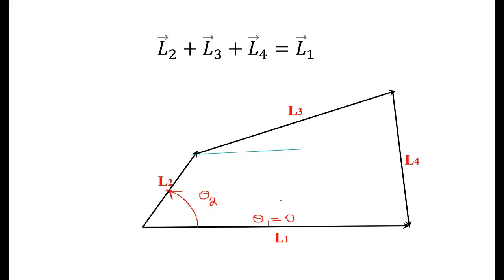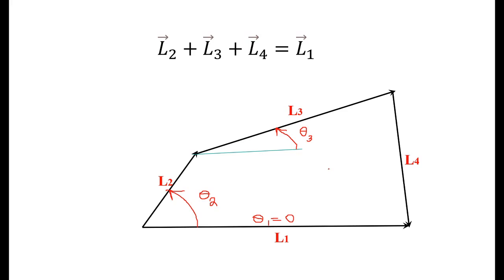So inclination you have to measure from the horizontal and positive x-axis. So I draw a horizontal line at the beginning of L3. Then I can measure theta 3 like this. This will be theta 3. Clear, simple.